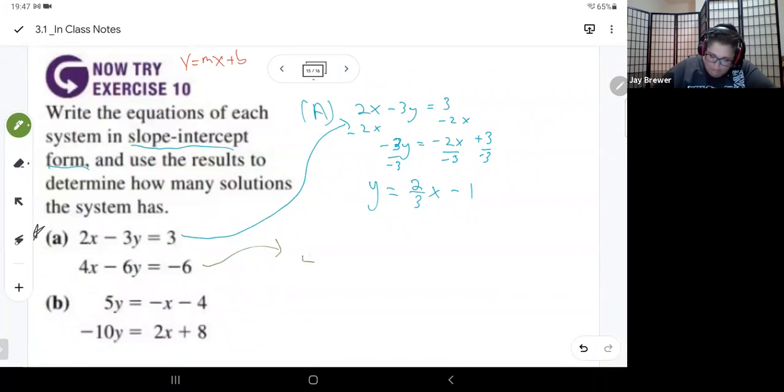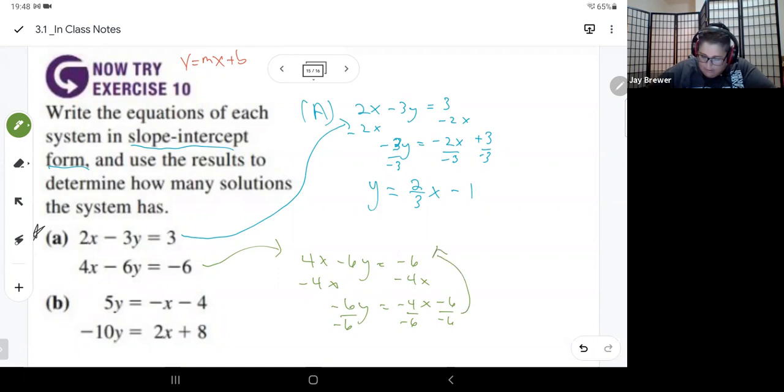We're going to do 4x minus 6y equals negative 6. We're going to subtract 4x on either side. Divide by negative 6. Okay. And then let's bring it up here to simplify it. We're going to have y equals negative 4 over negative 6 is 2/3, but negative 6 over negative 6 is positive 1.